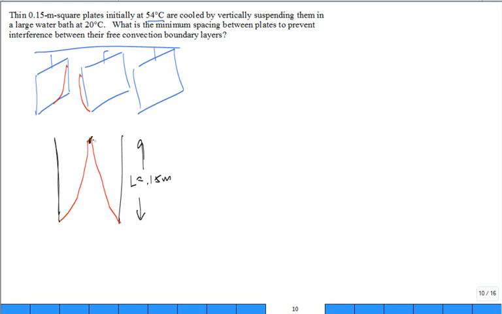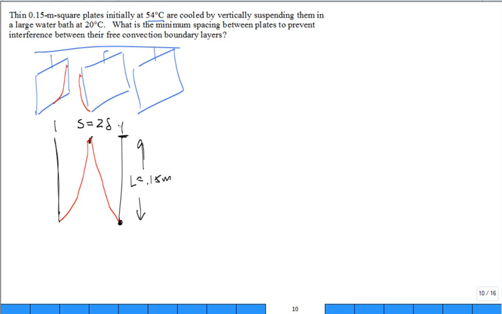So the minimum spacing S between the two plates needs to be 2 delta, the thickness at the end. So what is the boundary layer thickness after it goes from 0 up to L?